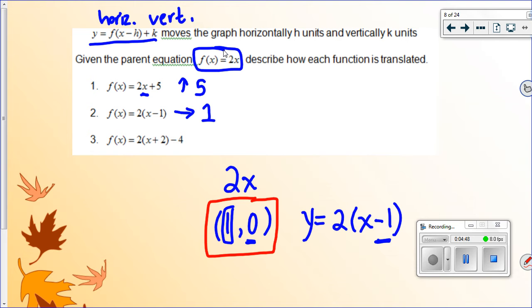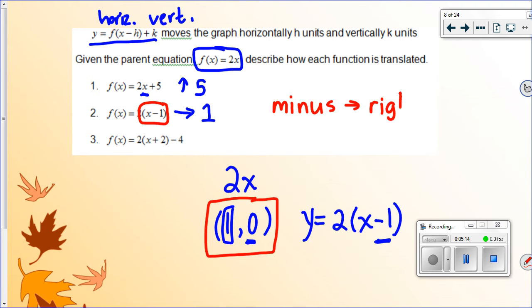So even though it says x minus 1, that's a positive 1. It's moving to the right 1. So inside of the parentheses right here, it's going to be the opposite of what you think. All right, so inside of the parentheses, if it says x minus something, that's going to be to the right. So minus is going to be to the right.